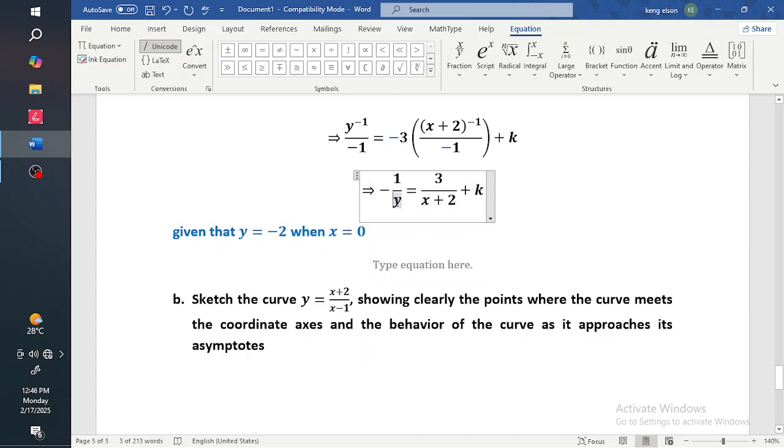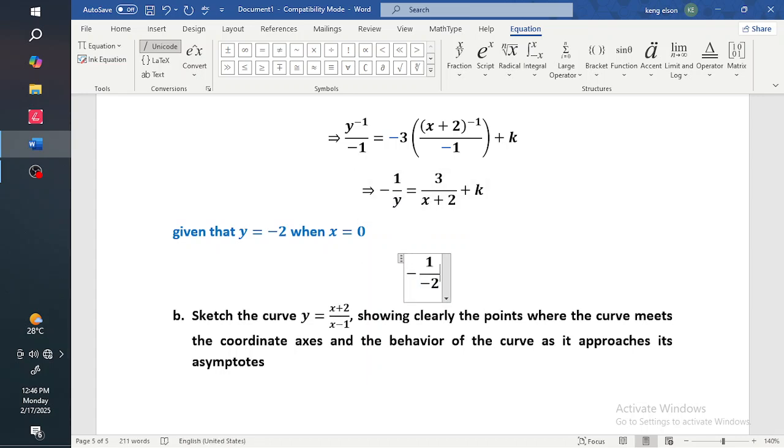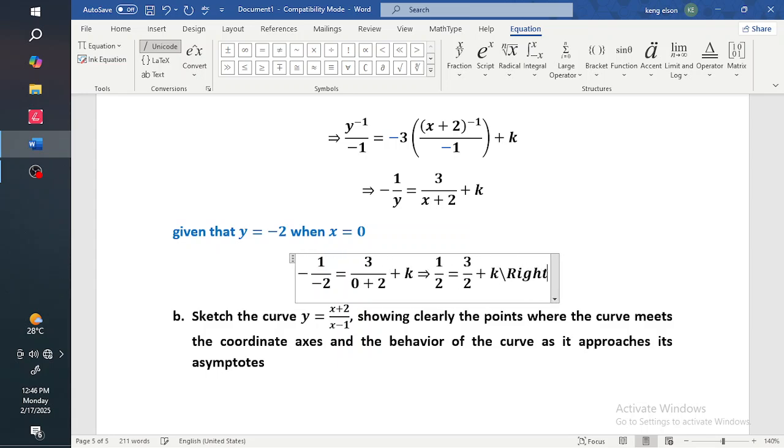So I'm going to replace y with negative 2, and we have negative 1 over negative 2 equal to 3 divided by, replace x with 0, 0 plus 2, then plus k. So this means that we have half is equal to 3 on 2 plus k. So what will be the value of k? So k will just give me half minus 3 on 2.